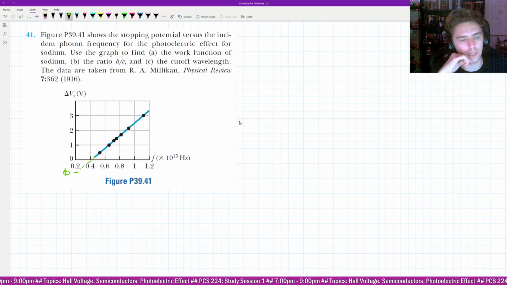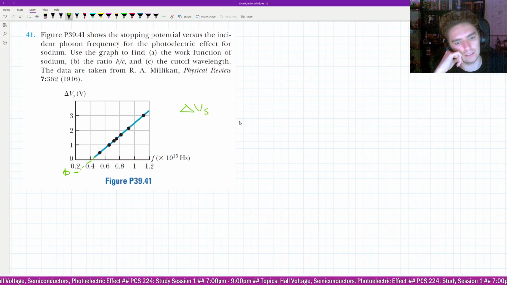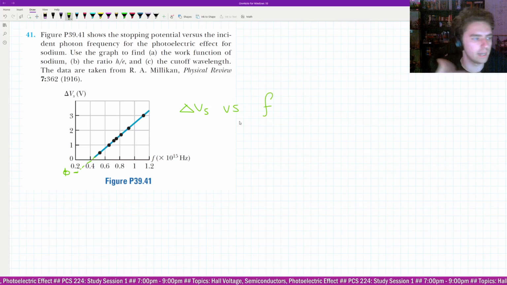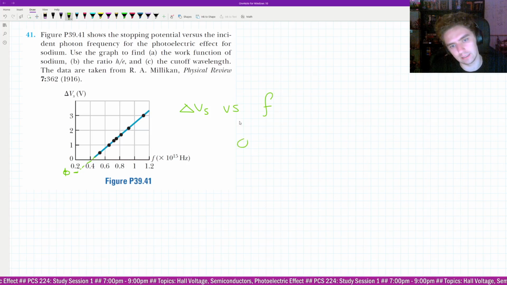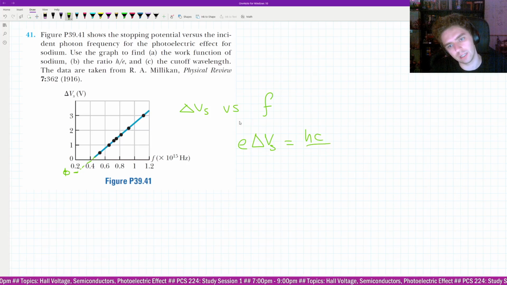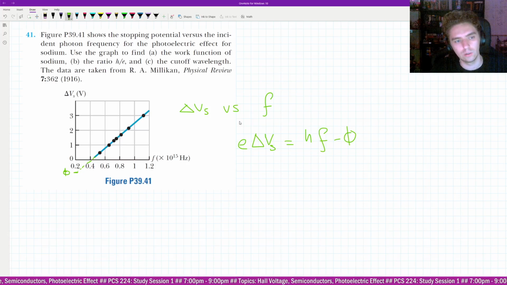The ratio h over e, well, look at what we're plotting. We're plotting delta Vs versus frequency. So we've got to find an equation that relates delta Vs. Well, we know e delta Vs is equal to the kinetic energy, which is also hf minus the work function, right?